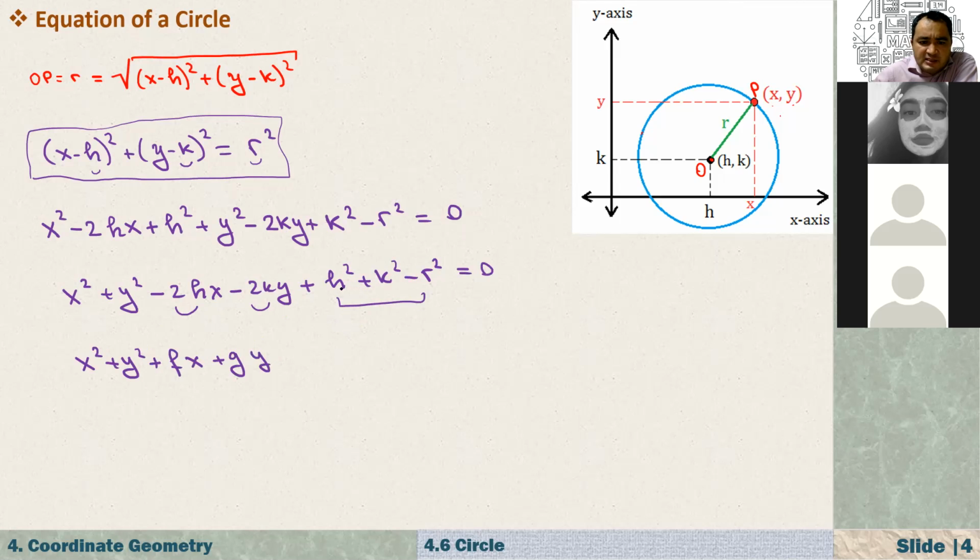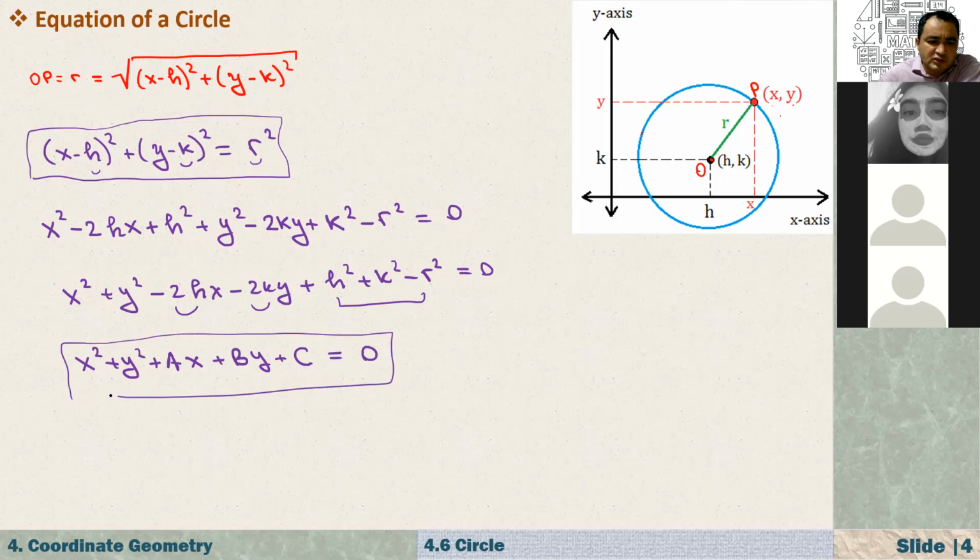And here we have h squared plus k squared minus r squared, let's say it is C. Let me write capital A, capital B, and C, that is equal to 0. Even for any equation of this form, it is also the equation of a circle. Anyway, that's all about the circle.